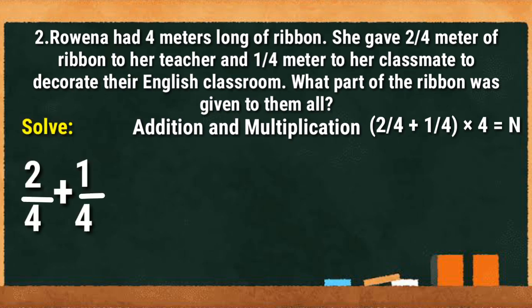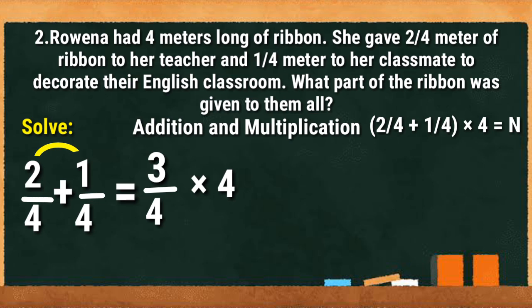We have 2/4 plus 1/4. The two fractions are similar fractions, so we have to add the numerators. 2 plus 1 is 3, and copy the common denominator, which is 4. So your answer is 3/4. And then we have to multiply your answer by 4 in order to know the part of the ribbon that was given to them.